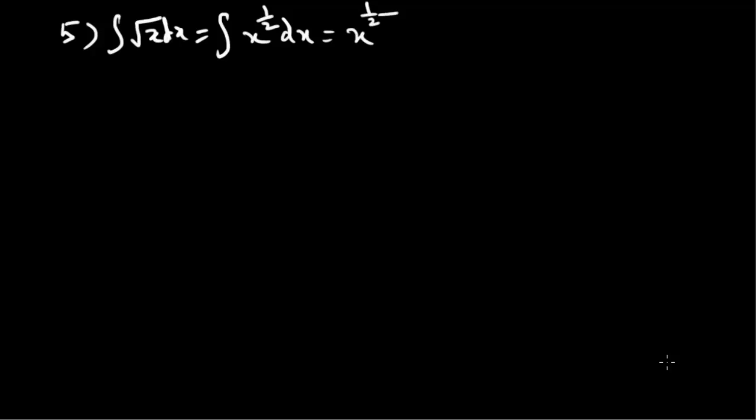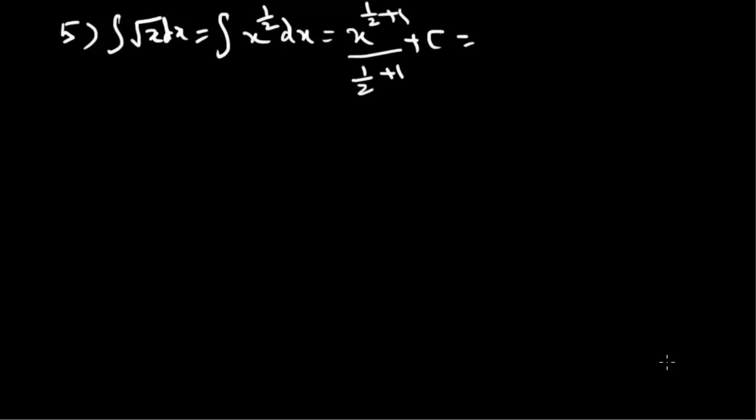Now we take the fifth problem. Integral root x dx. Root x is nothing but x power half. So integral x power half into dx is nothing but x power n, where n is half. x power half plus 1 by half plus 1 plus c.